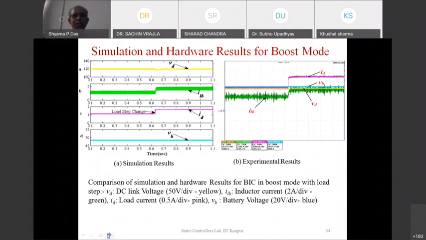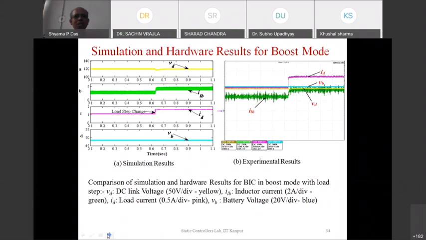So this shows the simulation and hardware result for boost mode. Boost mode means it's basically the discharging mode. So in discharging mode here, we start with, let's say, VD. VD is 120 volt. That's the yellow plot.